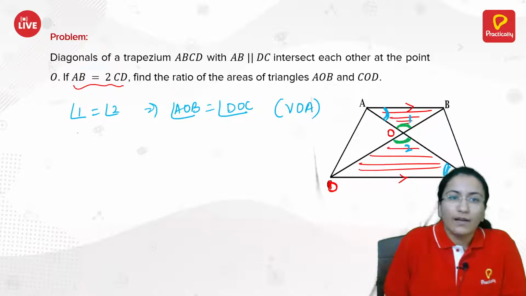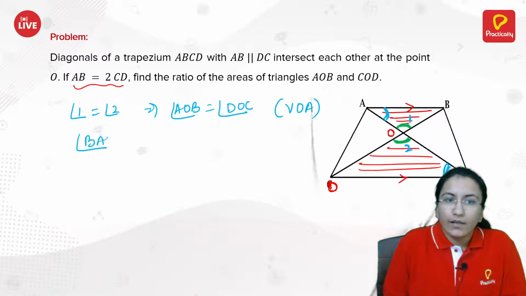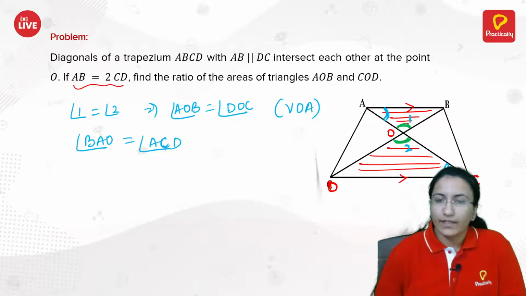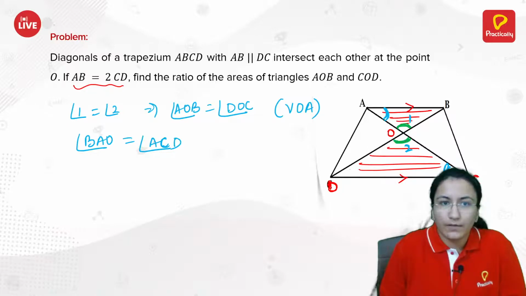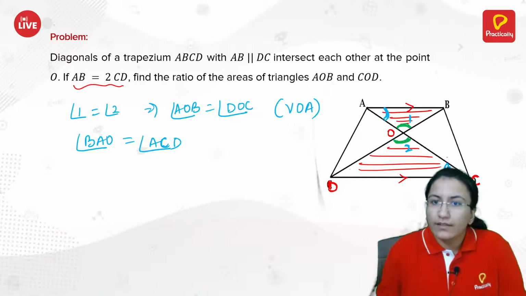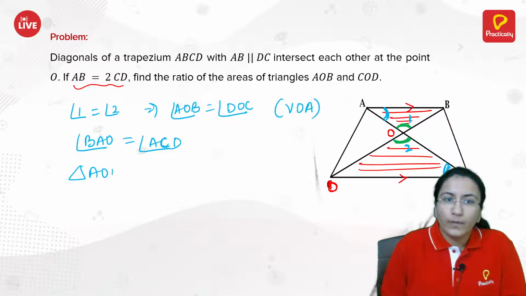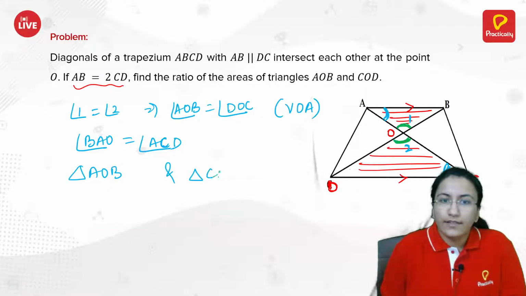So you have angle BAO is equal to angle ACD, or you can say OCD, whatever you want to write. These two angles are equal. Now just see triangle AOB and triangle COD.